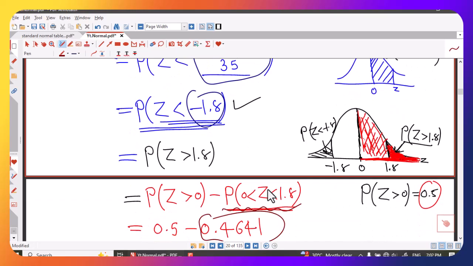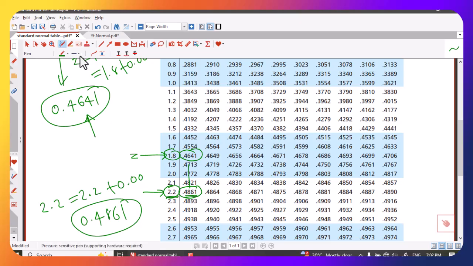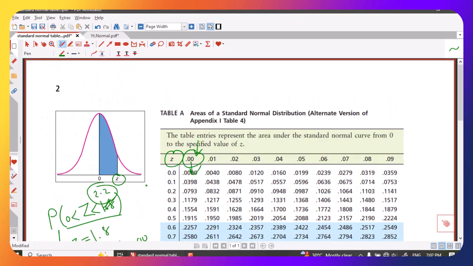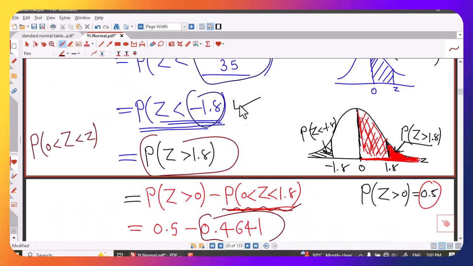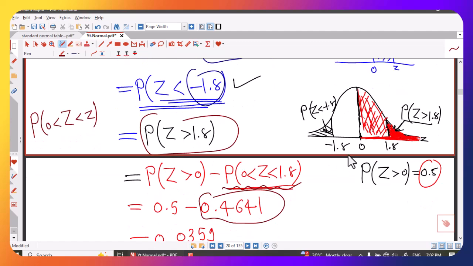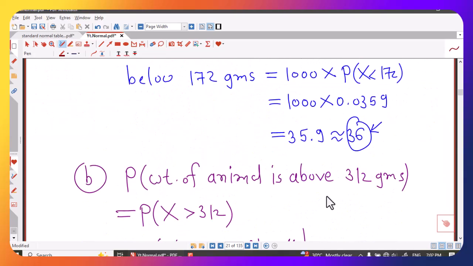Before that you have to write your probabilities in such a way that you can use these table values, because the table values are in this form: area between 0 and Z. So we have to use the symmetry of the standard normal curve, and rewrite the probabilities in such a way that we can use the standard normal probability table.